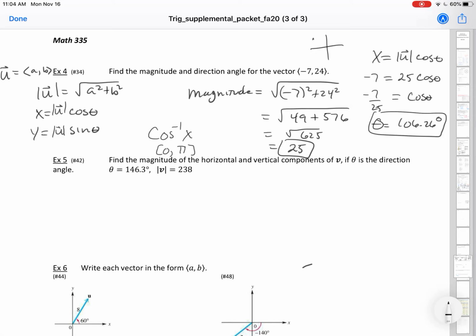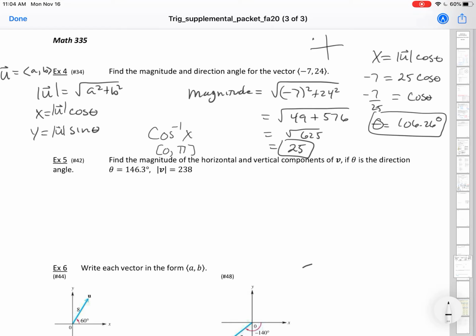Find the magnitude of the horizontal and vertical components of V, if theta is the direction angle and the magnitude of V is 238. That seemed a little strange to ask that way, but that's how they're asking it. They're giving us the angle and the magnitude of the entire vector, and they want the horizontal and vertical components.